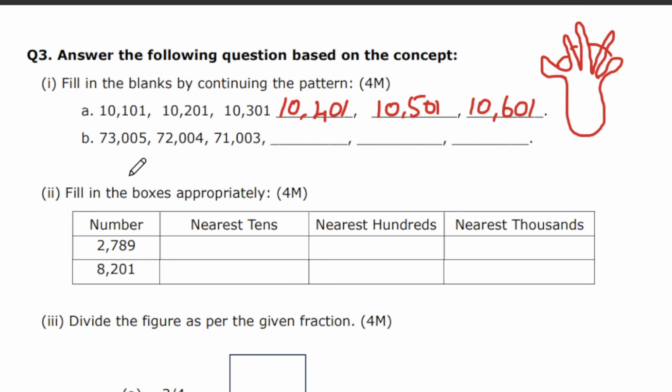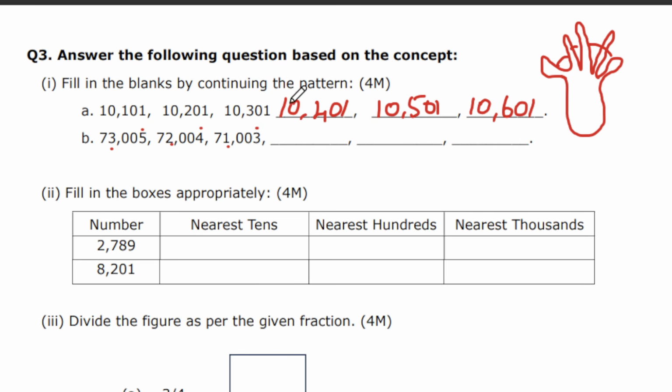Okay. So next you have 73,005, 72,004, 71,003. If you see, the thousands are getting decreased, and also the number in ones is getting decreased.